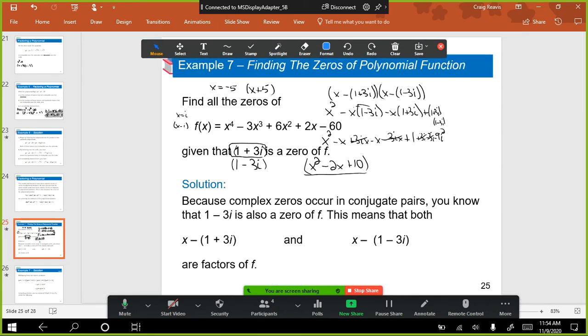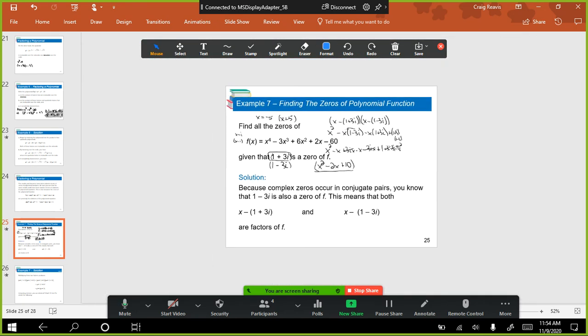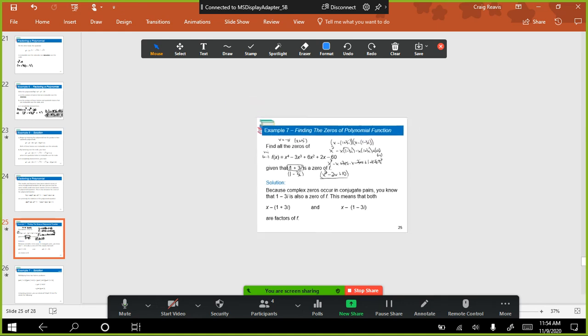So let's see if I can make some room up here and still see what I'm doing.